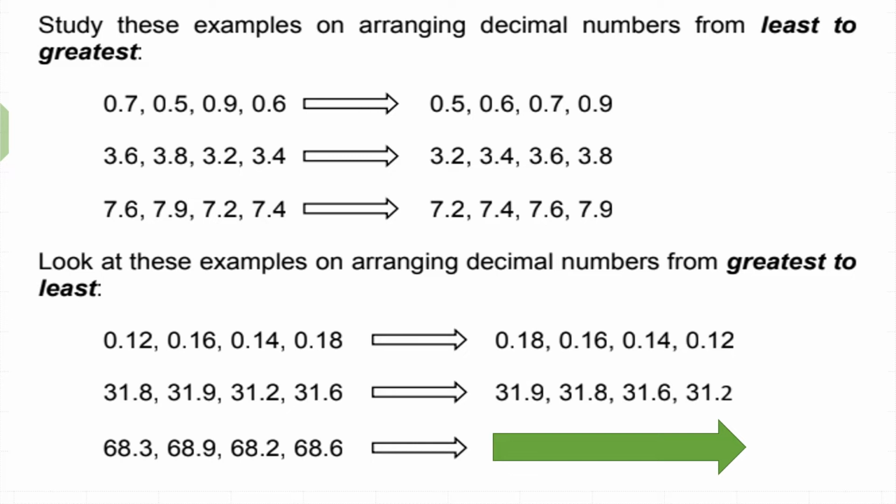Look for the highest one. That is 68 and 9 tenths. Then the last, the smallest, is 68 and 2 tenths. So that is how to arrange decimal numbers from greatest to least.